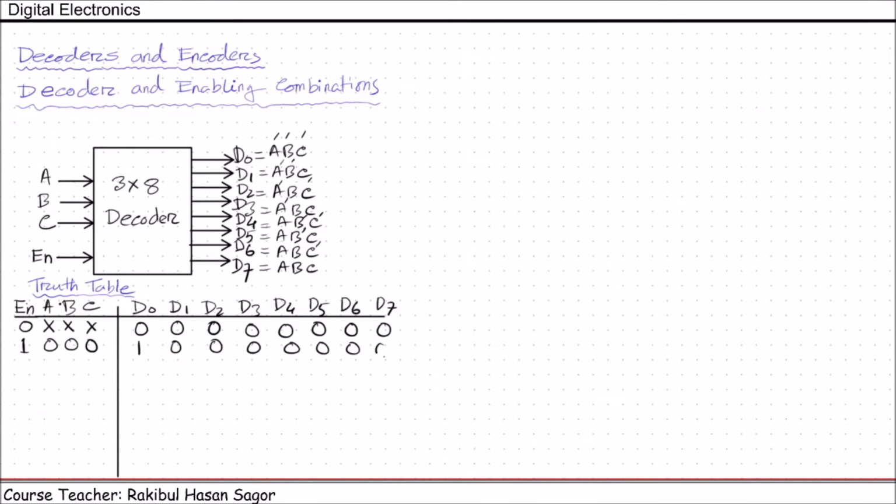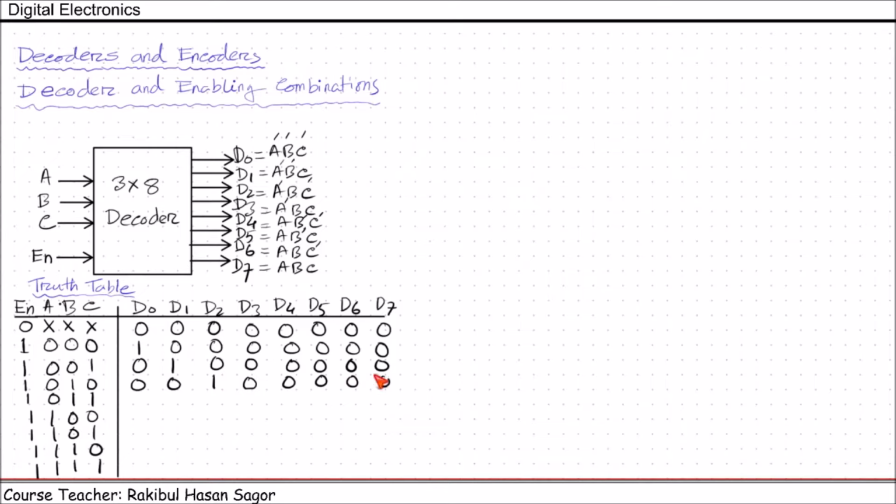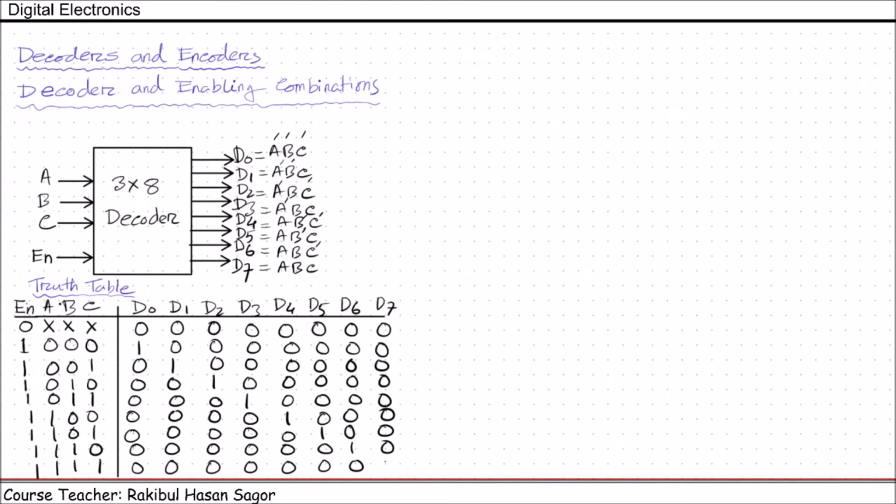In this way, this decoder will operate normally for enable equals 1. So this is the truth table for this 3 into 8 decoder with enable input.